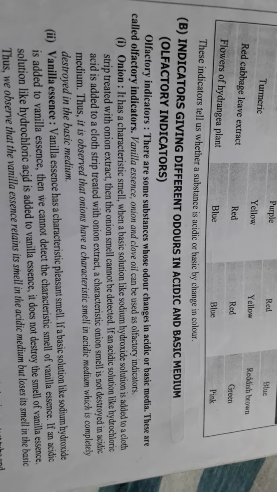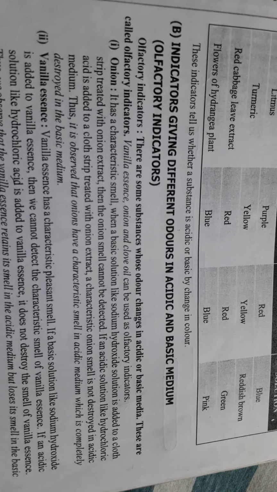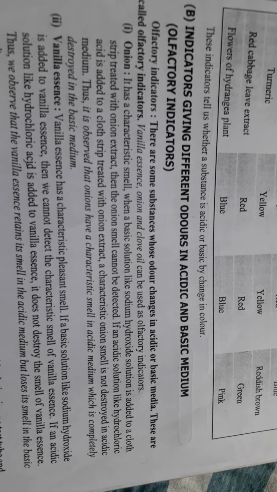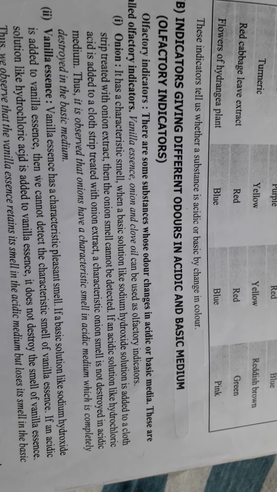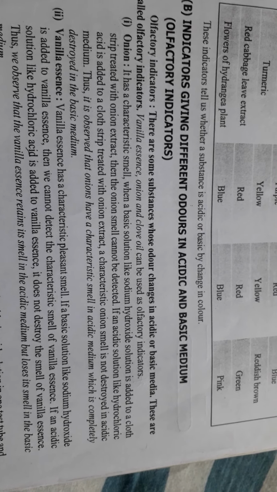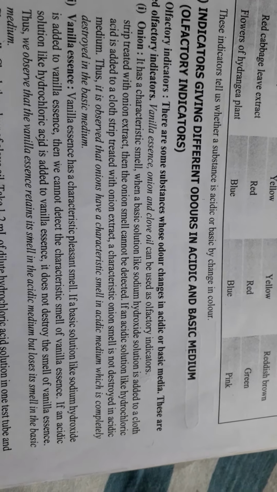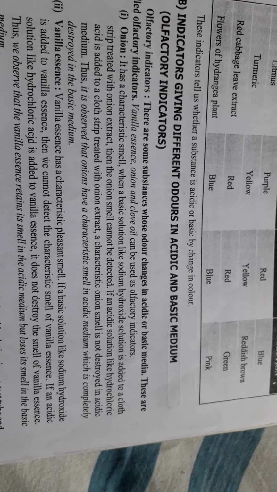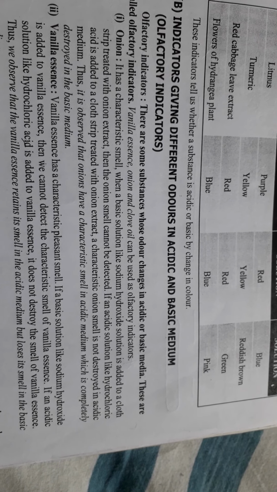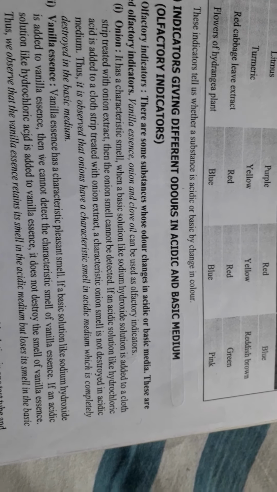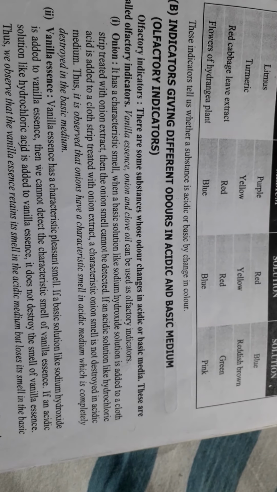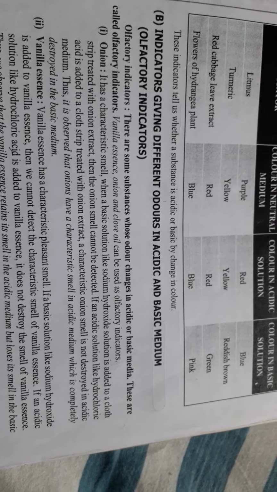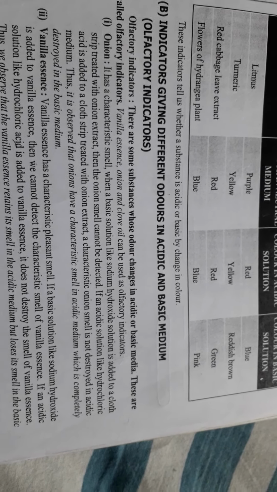So when it comes to onion, we know that it has a characteristic smell, right? When a basic solution, that means when sodium hydroxide, is added to a cloth strip treated with onion, then the onion smell cannot be detected. That means the onion smell disappears now.